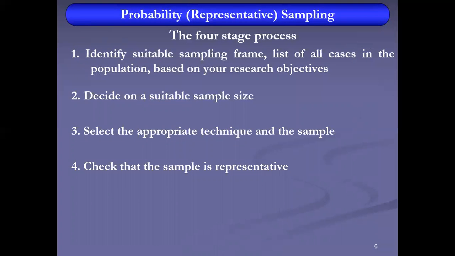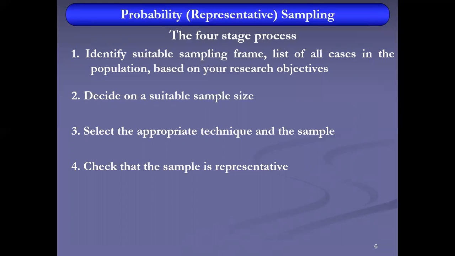Probability sampling is also called representative sampling. It is a four-stage process. First of all, we need to identify the suitable sampling frame, a list of all cases in the population based on our research objectives. So if we want to use probability sampling, we have to identify the suitable sampling frame.